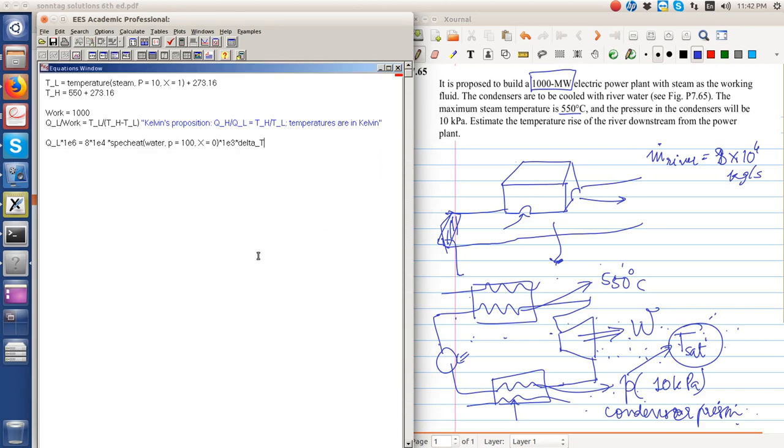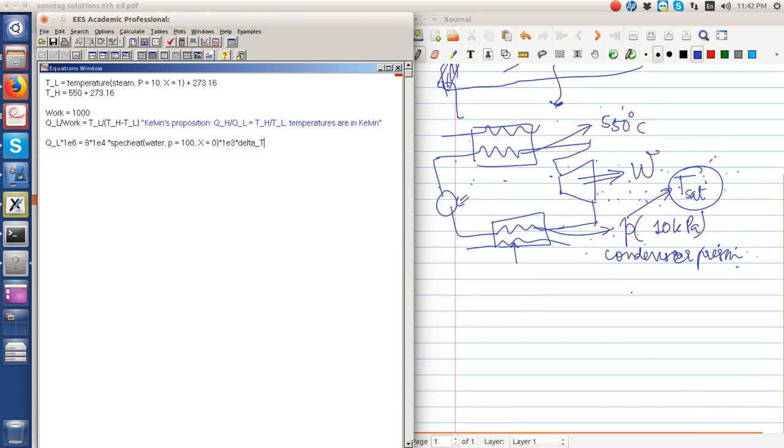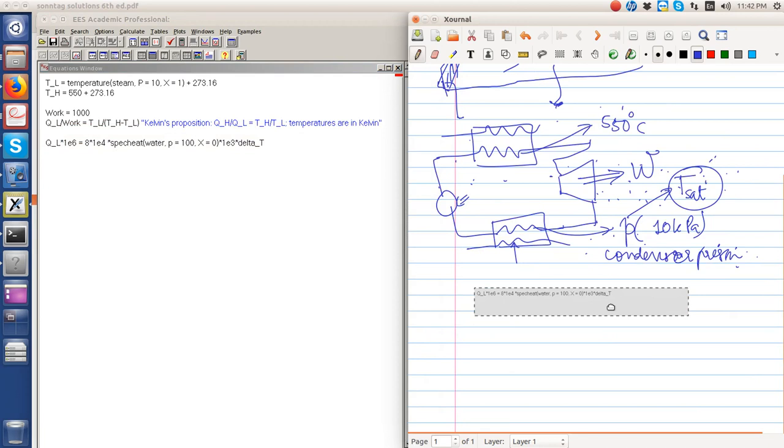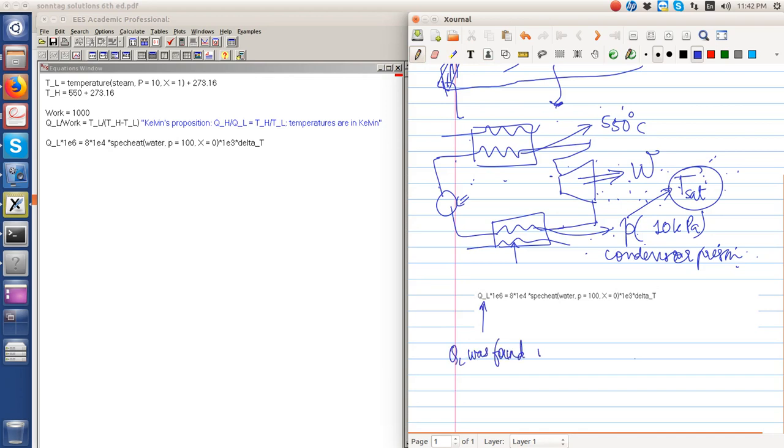So for convenience, let me just take this over here. This QL was found in megawatt, this was in kg per second, but the output of the specific heat function is in kilojoule per kg Kelvin.